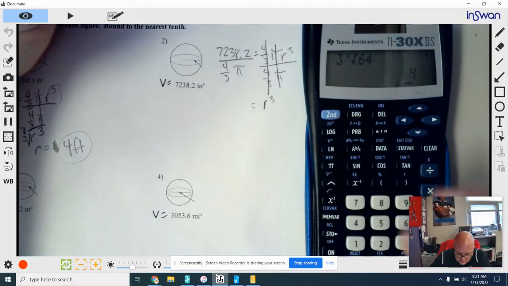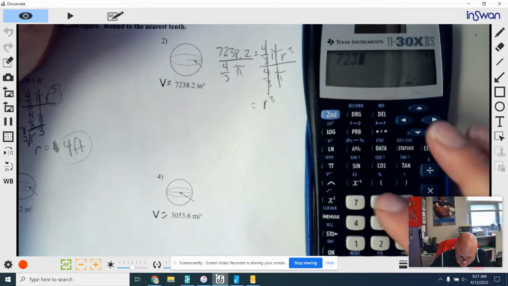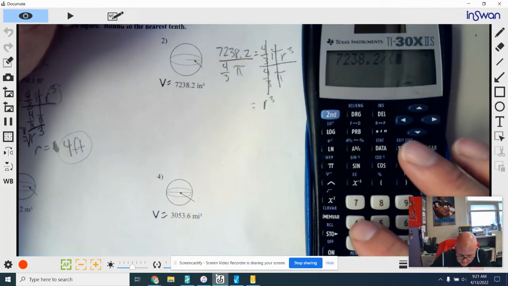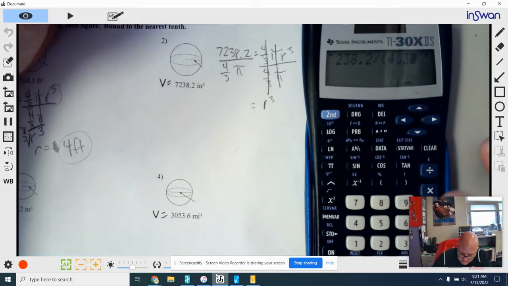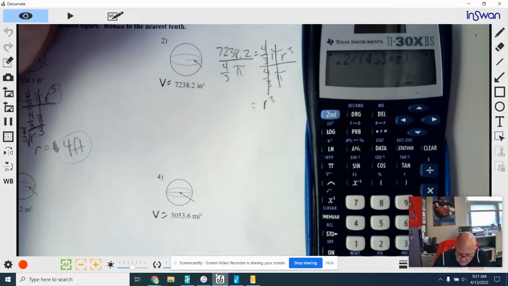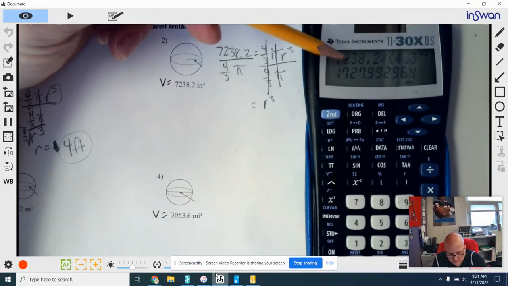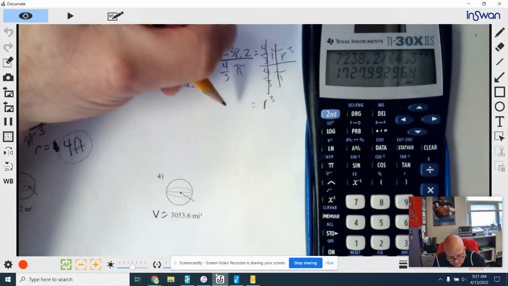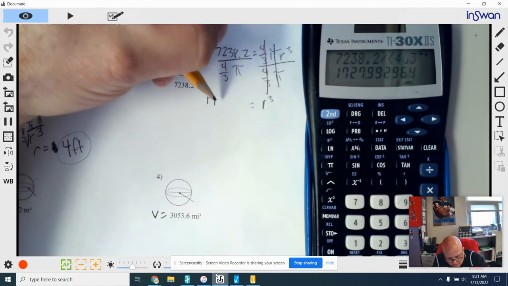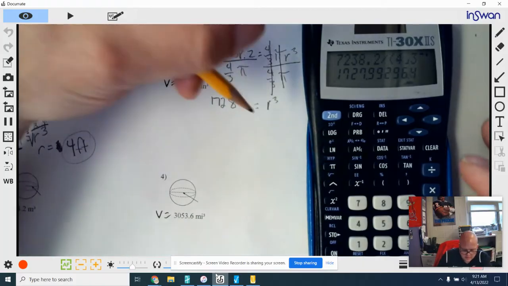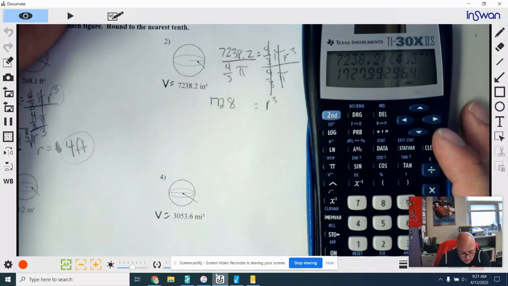Okay, and then I'm going to take that 7,238.2 divided by opening parentheses 4 over 3 times pi, closing parentheses, equals. All right, now don't forget that we do want to round to the nearest whole number, so we got 1,727.99. So I'm going to say r cubed is equal to 1,728.